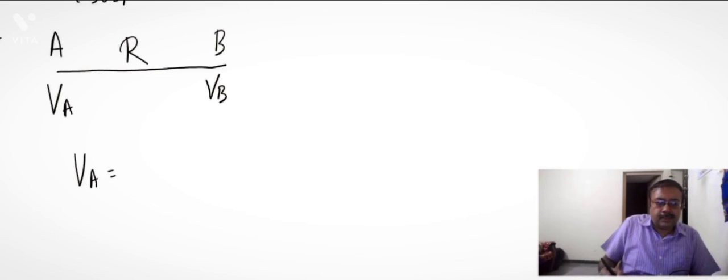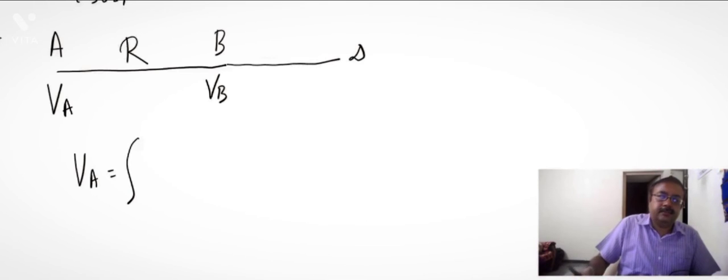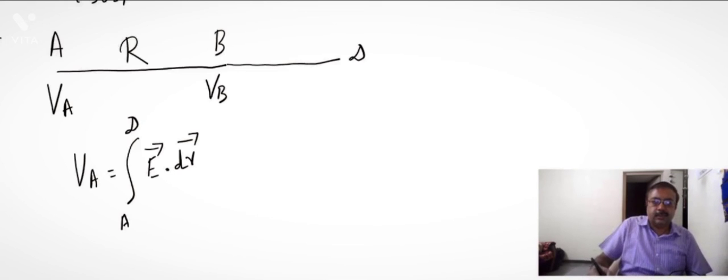It's very simple. It is the work done in moving a test charge from A to infinity, and we have already seen that this work done in moving a test charge can be written in terms of the electric field, the dot product of electric field and the displacement.